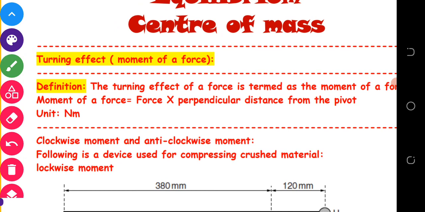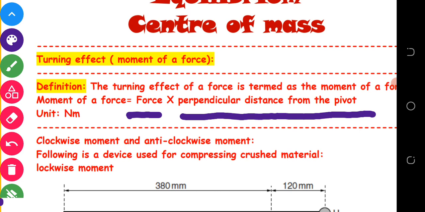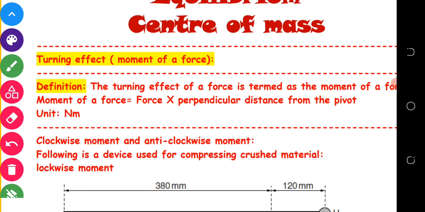So the definition of a moment is, it's the product of a force and the perpendicular distance from the pivot at which that force is acting. In this definition, they've just written down the formula.